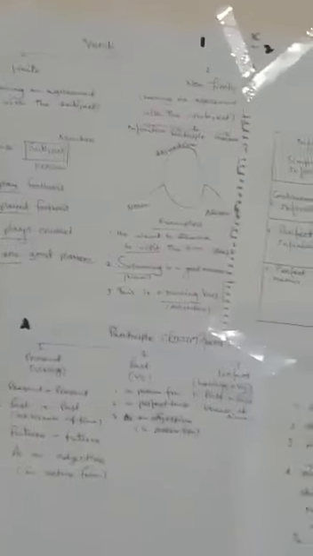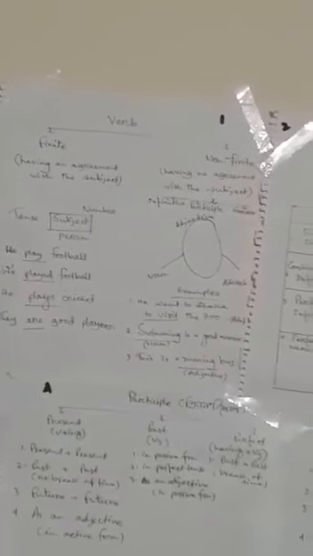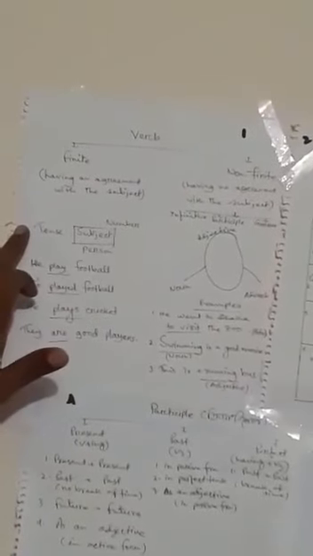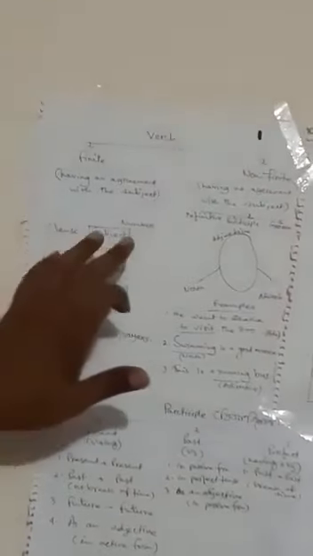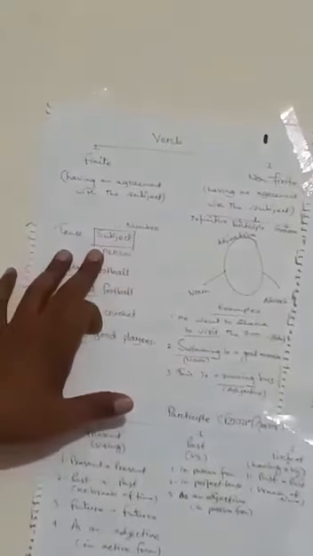But a non-finite verb is one which has no agreement with the subject. And finite verb, as I have already mentioned, agrees with the subject. It is changed according to the rules of tenses or the rules of time, and the rules of number and the rules of person.